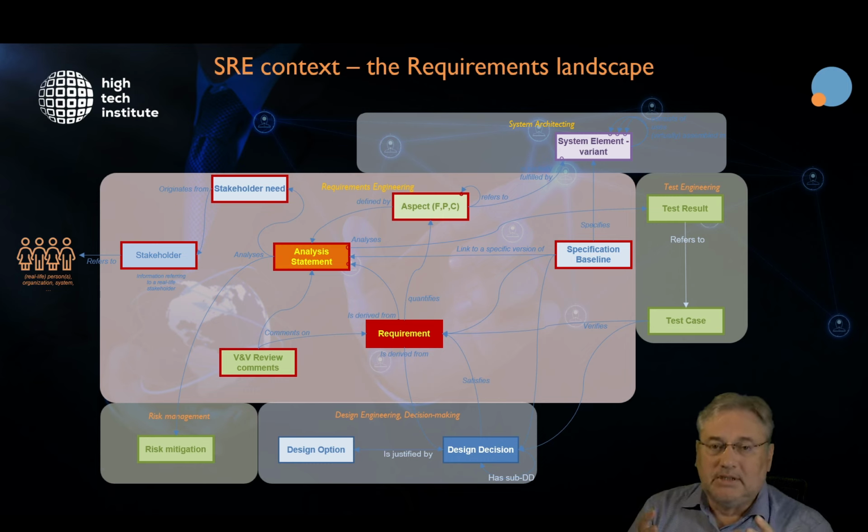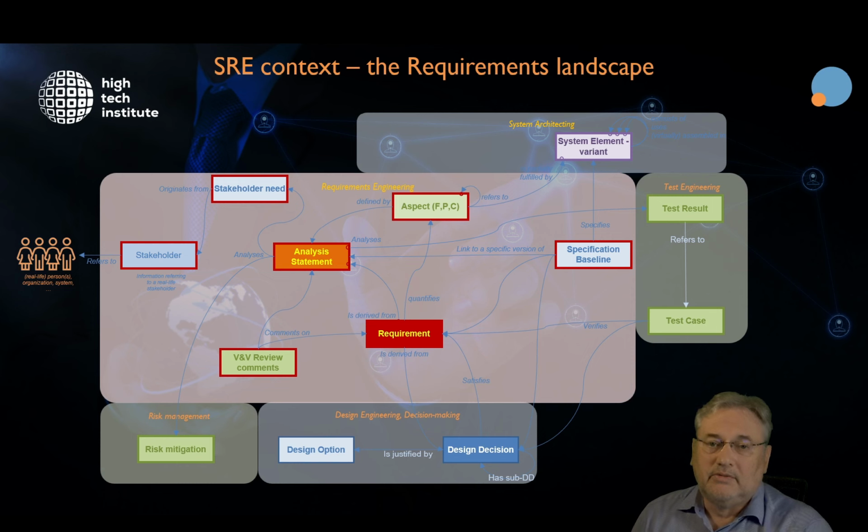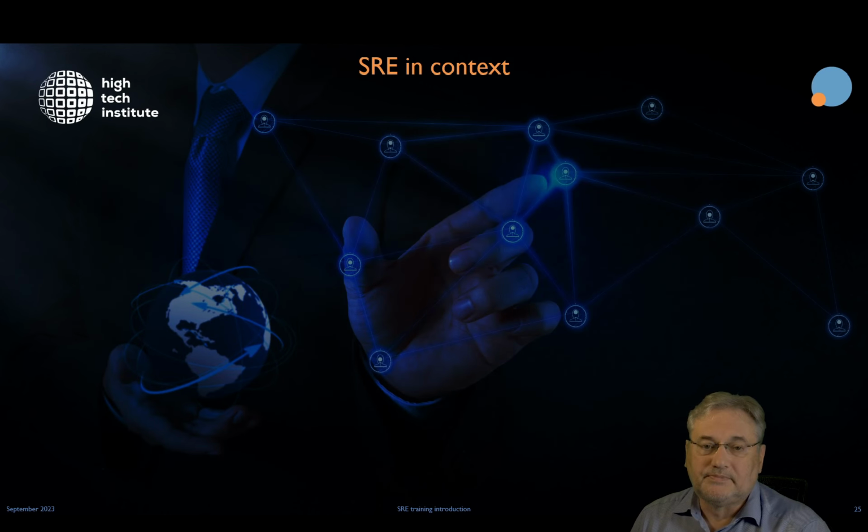So it's very important to understand what the dependencies are, the coherence between those entities, and we will use that semantics to understand how the trace from top to bottom, but also from bottom to top, really takes place.